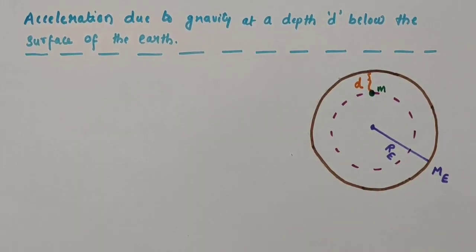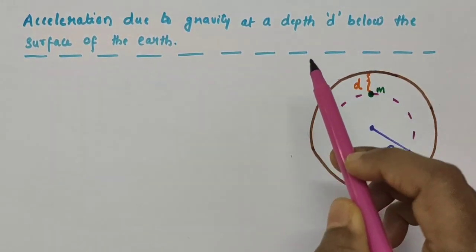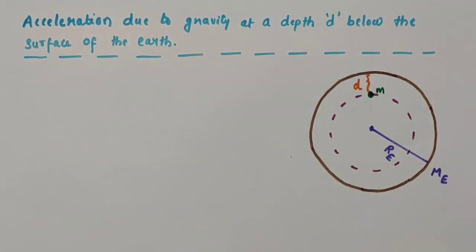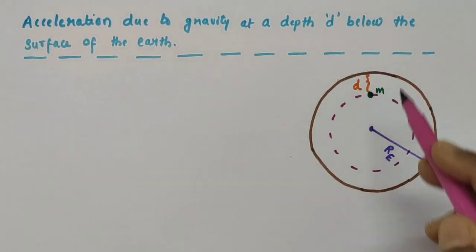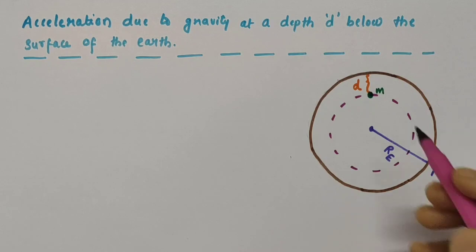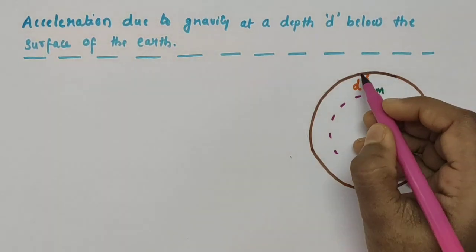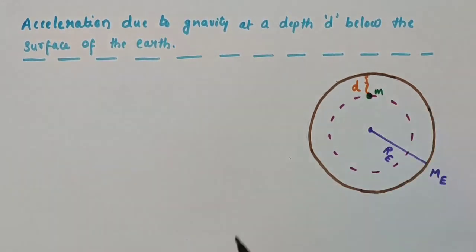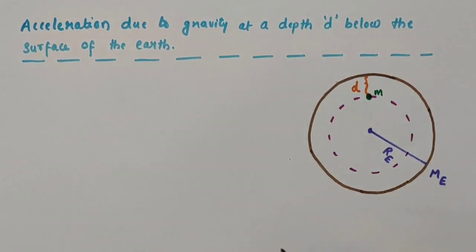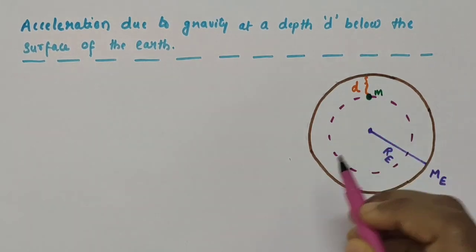Next, let us discuss about the acceleration due to gravity at a depth d below the surface of the earth. So consider this as the earth of radius Re and mass M subscript e. Now consider a point mass small letter m at a depth small letter d from the surface of the earth. What about the distance between the point mass and the center of the earth?